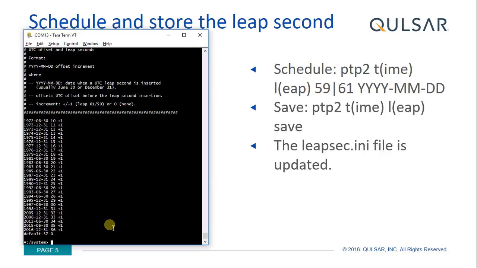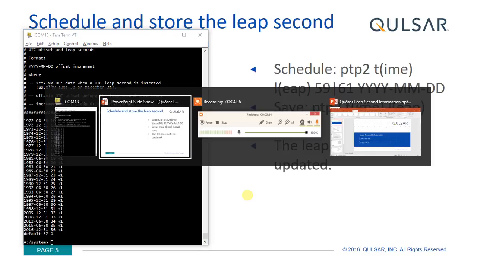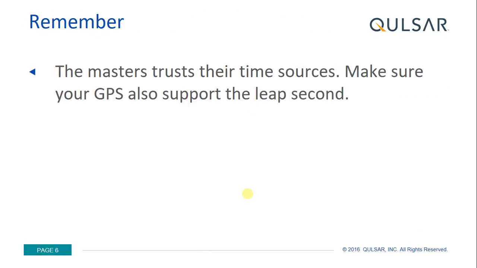However, although this makes us ready, we need to remember a few things for other devices as well. A Qulsar device acting as a master takes its time from some time source, for example a GPS receiver.